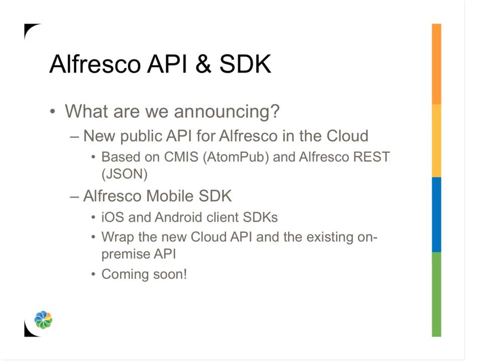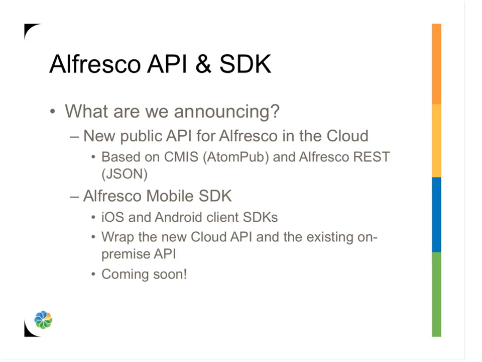The Alfresco API has two parts. One is based on CMIS, which stands for Content Management Interoperability Services, and the other one is Alfresco REST calls for things that CMIS doesn't cover. We'll get more into that in a second.